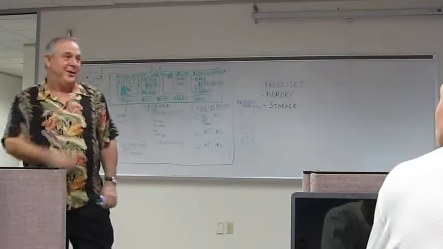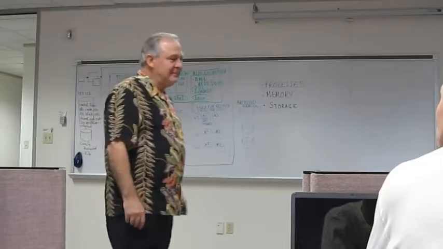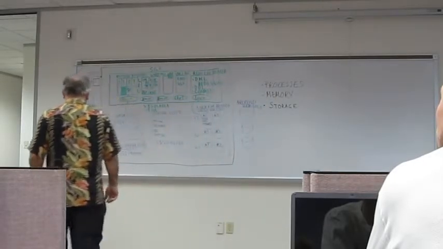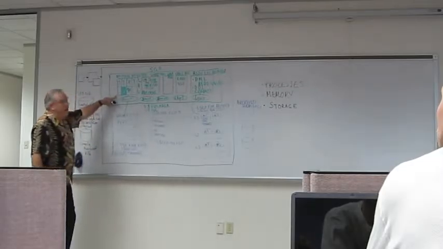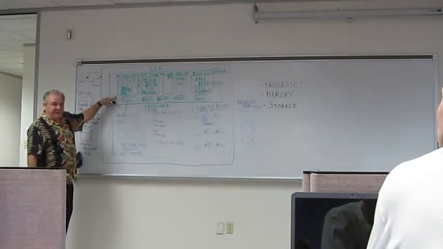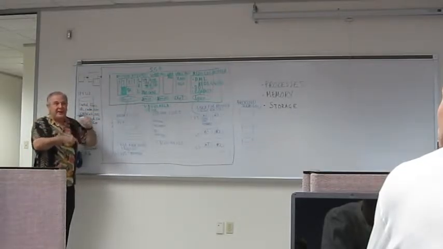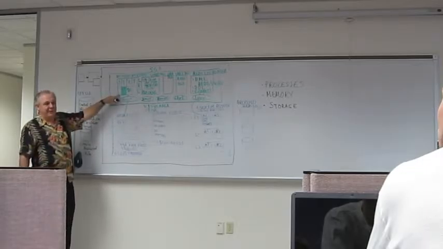I did not have this drawing on the board. But what I shared with him, excuse me, was this. Because of the LRU algorithm that exists on the database buffer pool, you could have blocks that keep getting updated, and they could stay in memory forever.